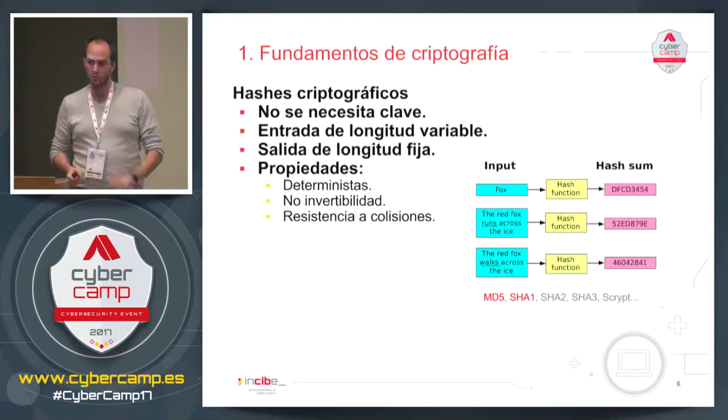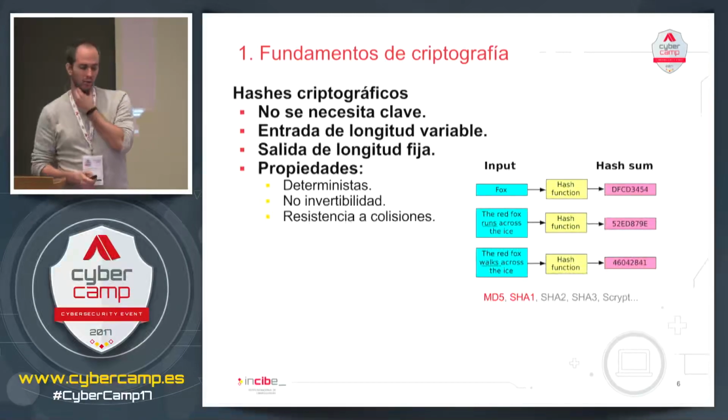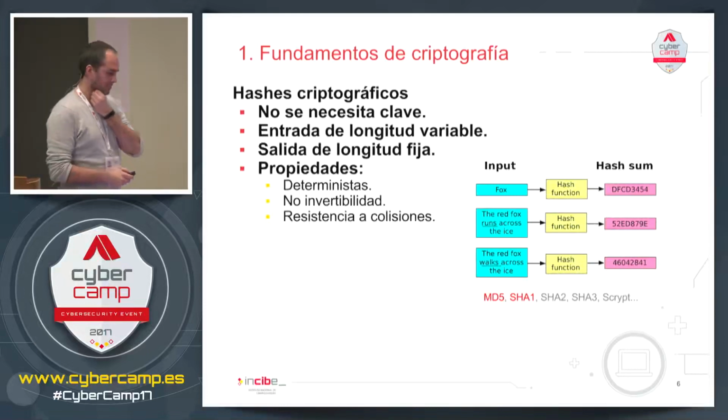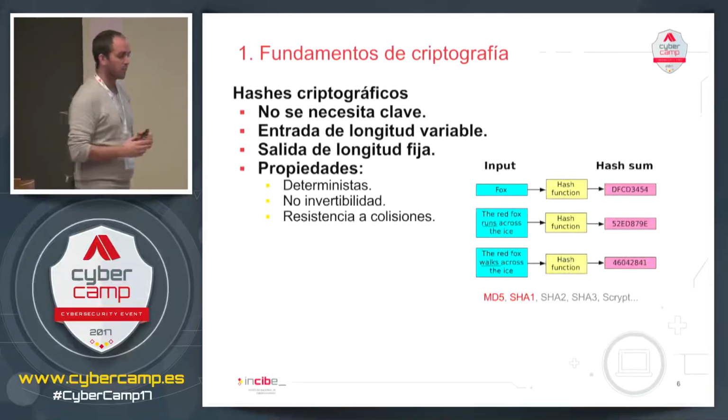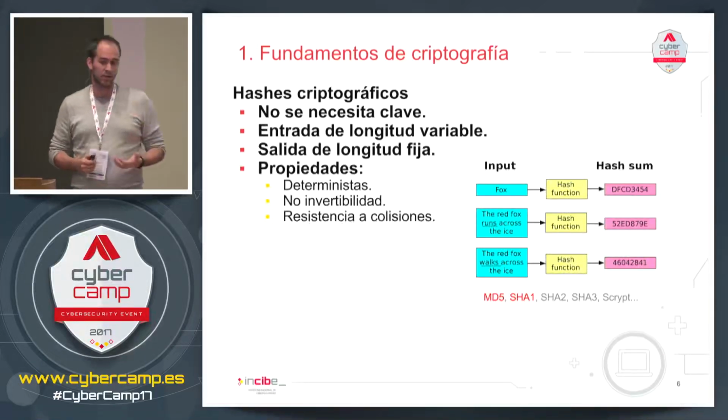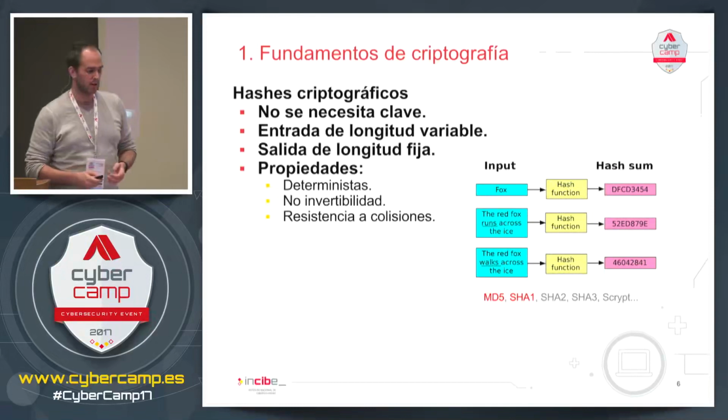And the next topic we're going to look at a lot, as it relates to blockchains, is cryptographic hashes. A cryptographic hash, in summary, is a cryptographic function which normally doesn't need a key.